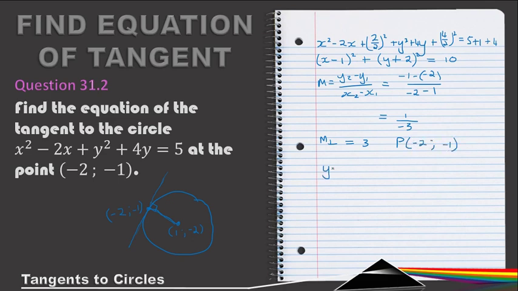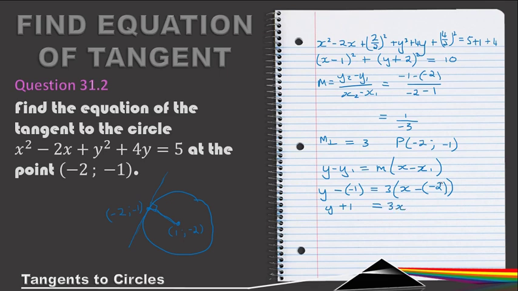So substituting it into this form, y minus negative 1 equals the gradient, which is 3, x minus negative 2, and then simplify. y plus 1 equals, so take the 3 in, that becomes 3x.